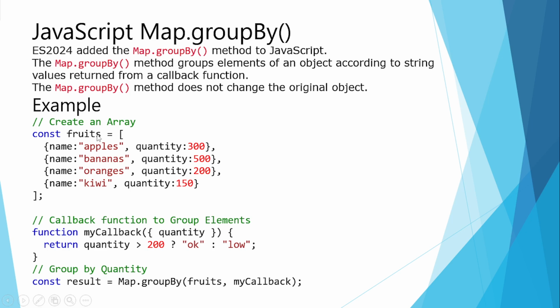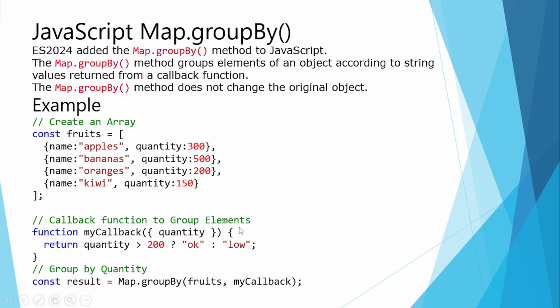For example, here we are creating an array of fruits, and in these fruits we are passing some key value pairs: name apple, quantity 300; name bananas, quantity 500; name oranges, quantity 200; name kiwi, quantity 150. Then we create a callback function to group all the elements.